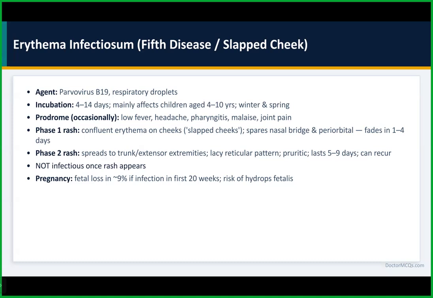Phase two, the rash might spread on the trunk and extensor extremities, but it will be in a reticular pattern. So every time you see a lacy reticular pattern of any rash on the trunk, it is fifth disease or slapped cheek disease. It can last for 5 to 9 days, and yes, it can come back.